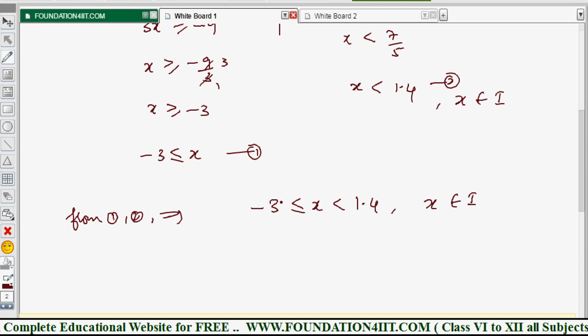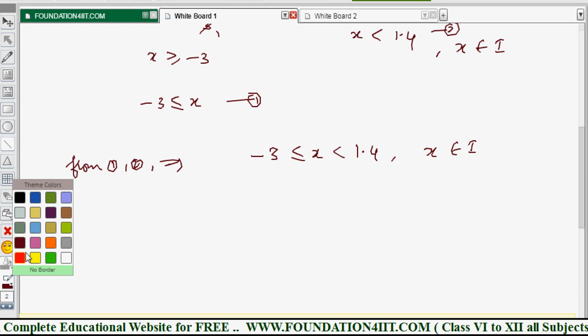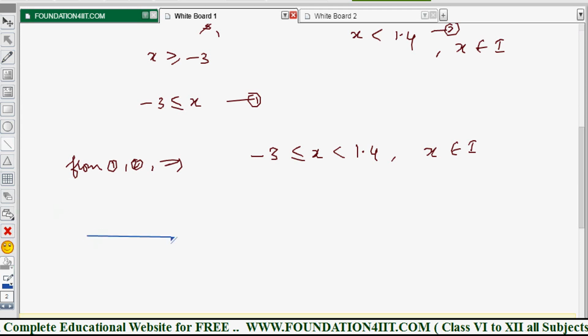So x is between minus 3 and 1.4, but 1.4 is not included. So for integers, we can take only up to 1, because 1 point something, so only 1 we can take in this. So this we can represent on the real line. Before that you can write the solution set.